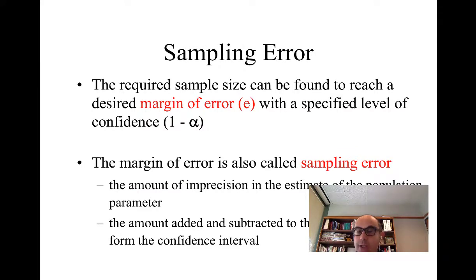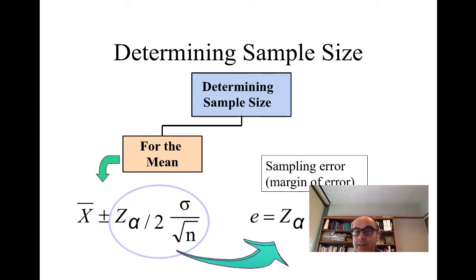We also need to consider the sampling error, and the required sample size can be found with a desired margin of error at a specific level of confidence. The margin of error is also known as sampling error, which means the amount added or subtracted to the point estimate from the confidence interval.